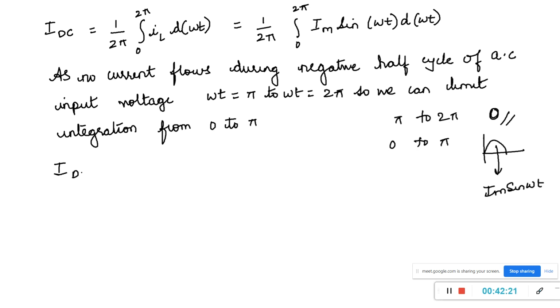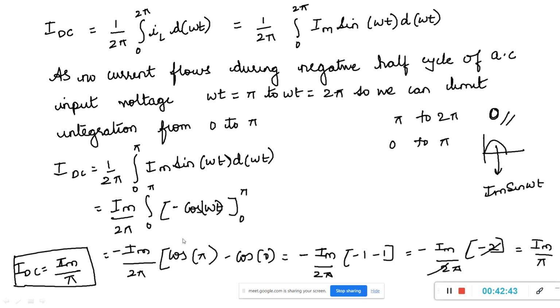So IDC is equal to 1 divided by 2 pi, integral 0 to pi, Im sin omega t d omega t with respect to omega t. This is equal to, after substituting, Im by 2 pi times cos of pi minus cos of 0. Here the minus is there, no, minus cos omega t, this minus will come outside.